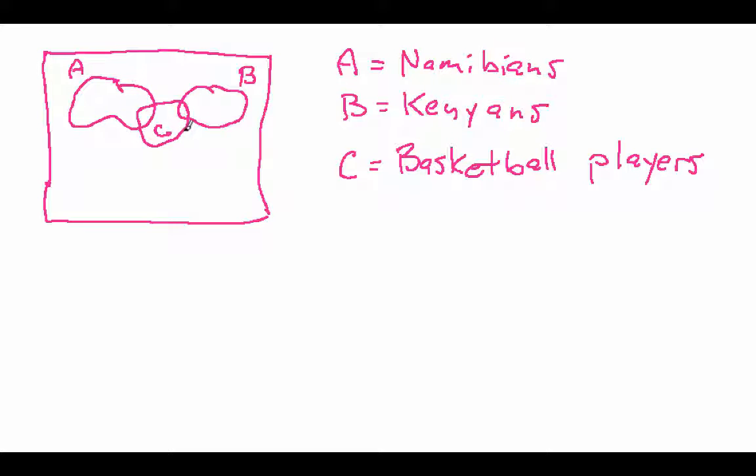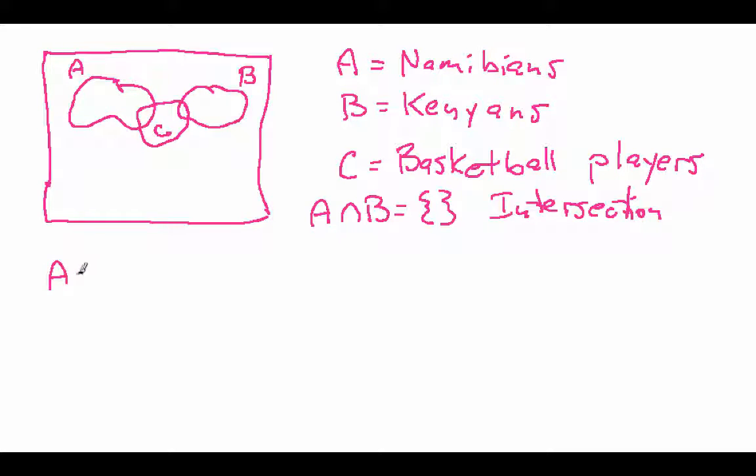Now, as we noted in the last slide, A intersection B is equal to the empty set. Intersection would require points to be in both A and B. But there's something else that's called the union.